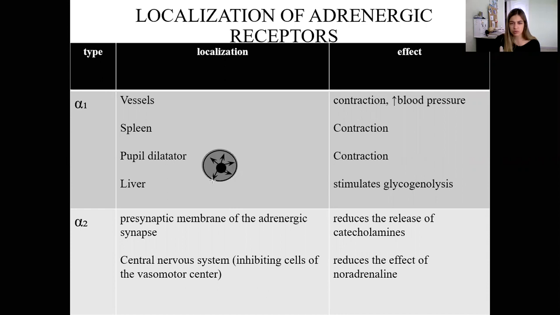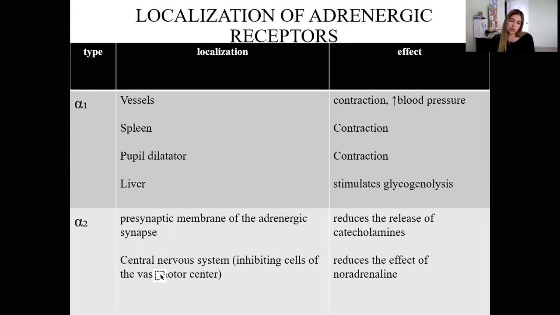The muscles will contract, and finally, what will be the result? The result will be that the pupil will become bigger. The pupil becomes bigger because the muscle contracts and makes this. This is called mydriasis. Okay, also in the liver we have these receptors, and by stimulation of them, we have stimulated glycogenolysis. So glycogen will be destroyed.